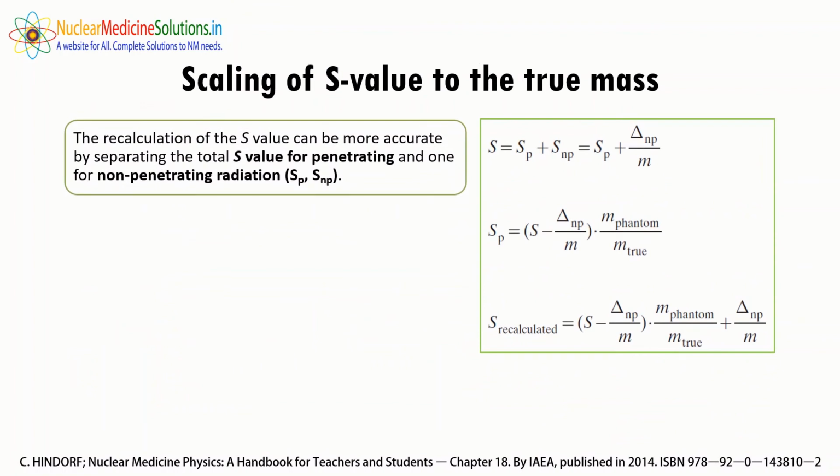The recalculation of S value can be made more accurate by separating the total S value for penetrating and non-penetrating radiation, and this is the formula by which S value can be recalculated.